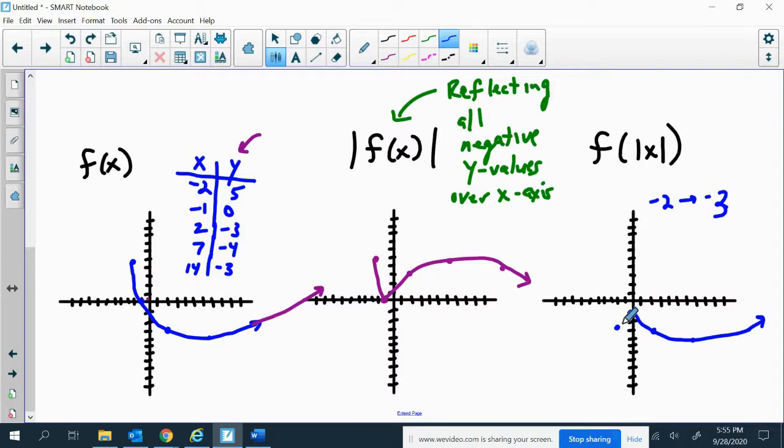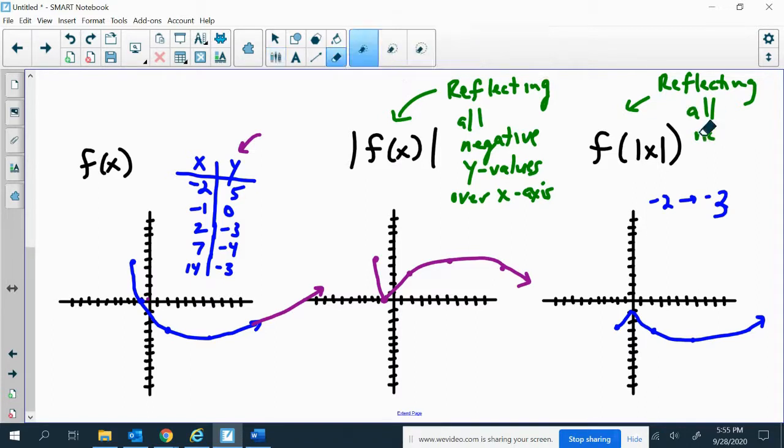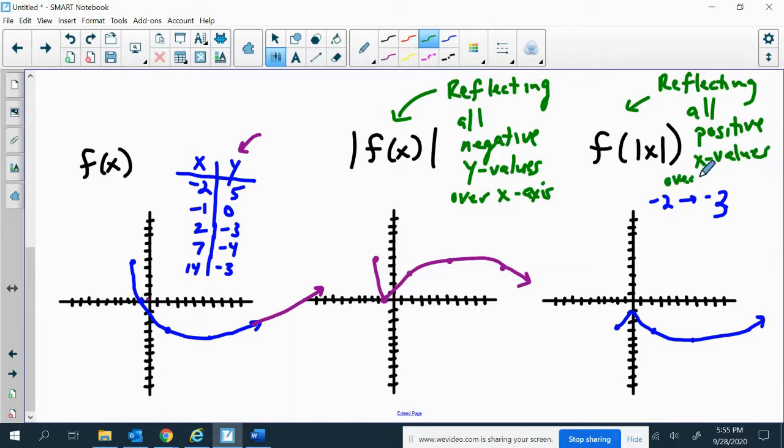So what's going to end up happening is I'm going to reflect all positive x values over to their negative counterparts.